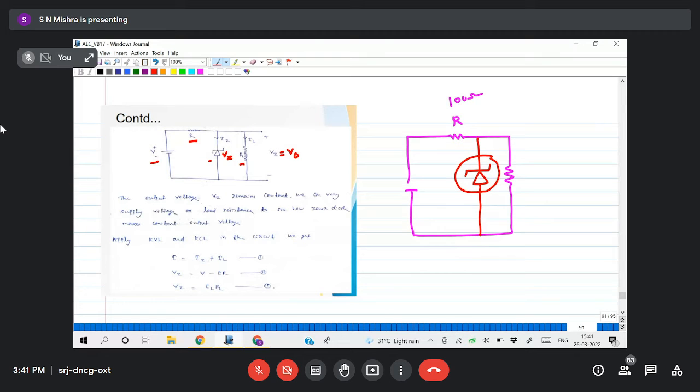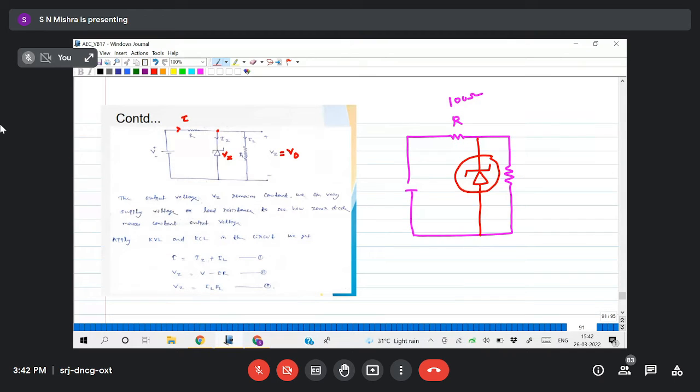Now the current which is flowing in this circuit, let us assume, is I, the Zener current is IZ, and the load current is IL. Now if I apply KCL at this point, what will I write?